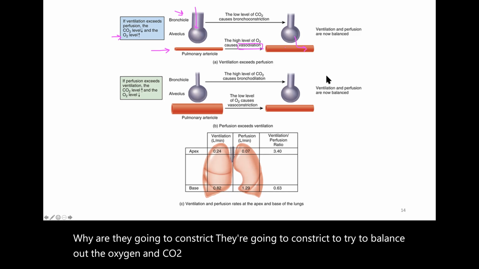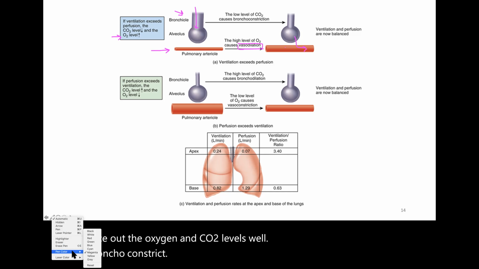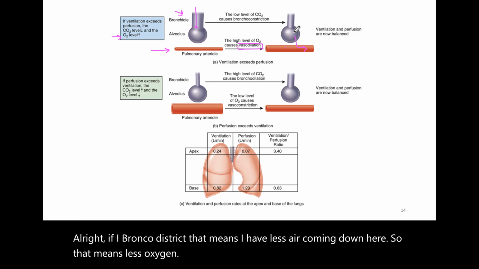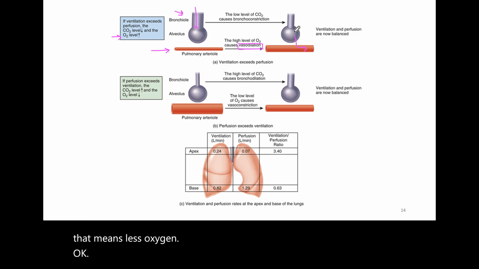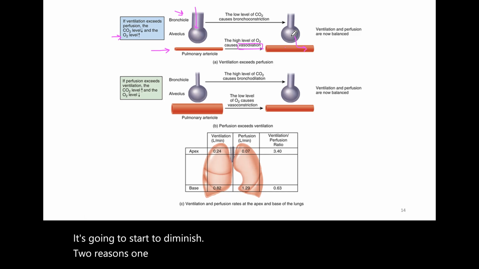Well, if I bronchoconstrict, that means I have less air coming down here. So that means less oxygen. Okay. So I'm not going to get a huge buildup of oxygen here. It's going to start to diminish. Two reasons. One, I'm vasodilated. And two, I'm bronchoconstricted, so I've started to limit that.